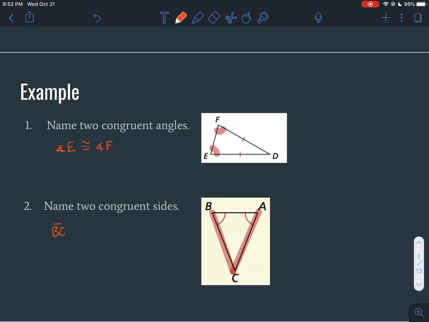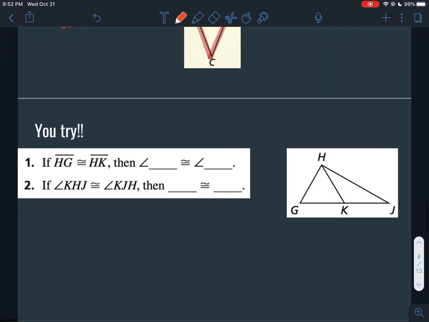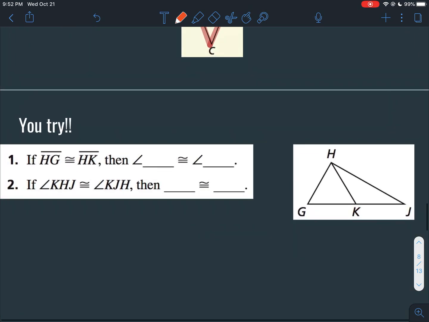So BC is congruent to AC. And these were questions that were on your pretest, so they will be on your post-test. But you guys did really well on these questions on your pretest. So go with your gut. You guys seem to understand this pretty intuitively. All right. So do this, you try. Pause the video and come back when you are done.